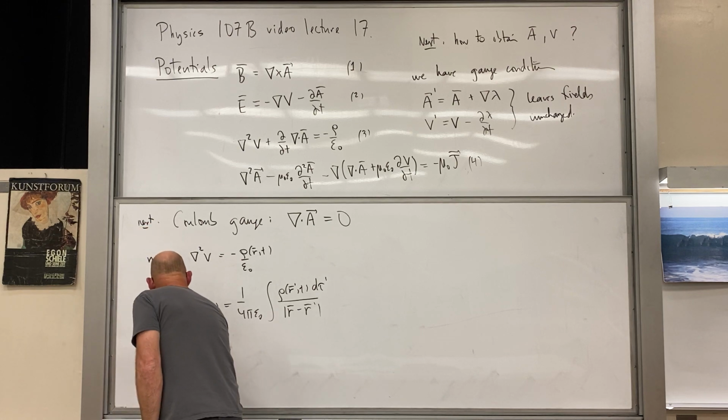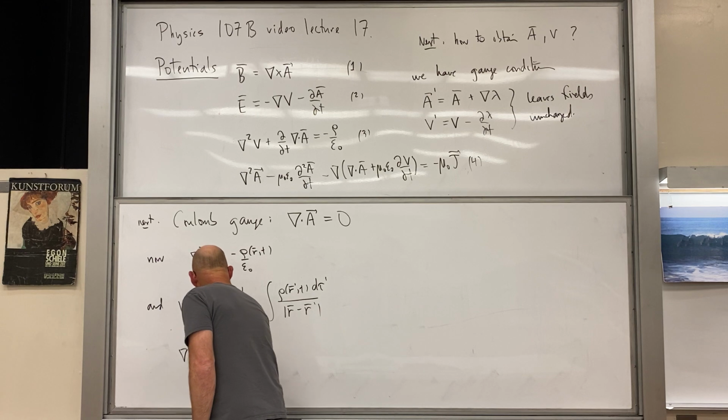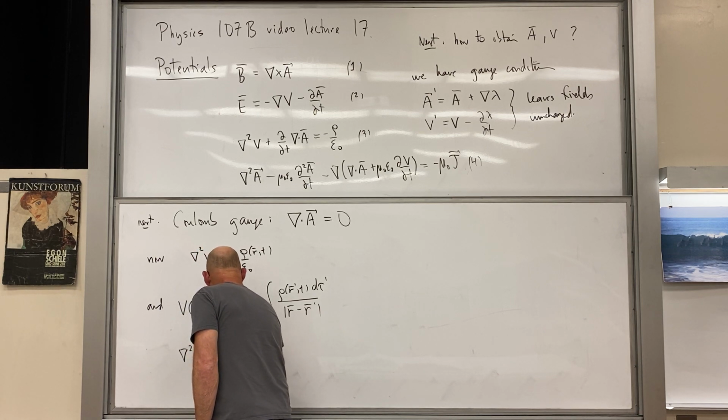So let's go ahead: del squared A minus mu naught epsilon naught d squared A/dt squared.